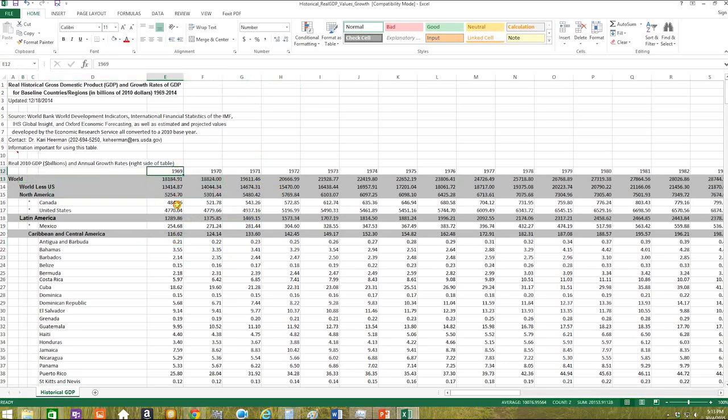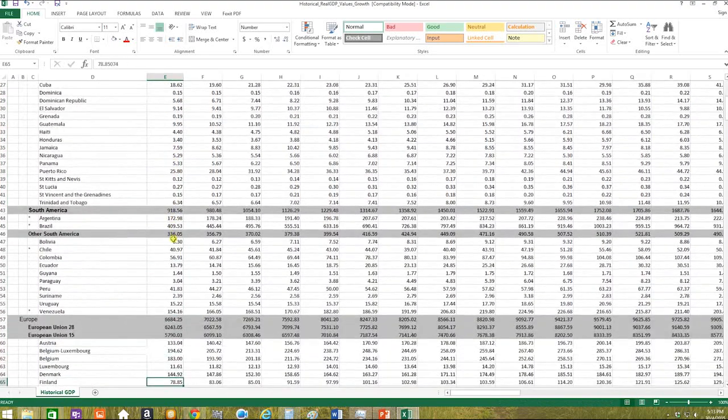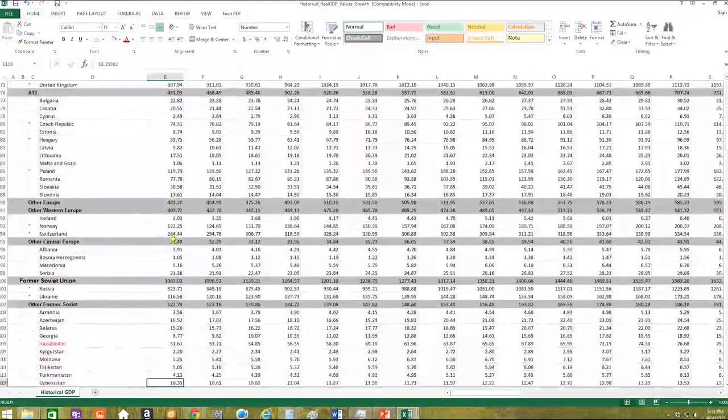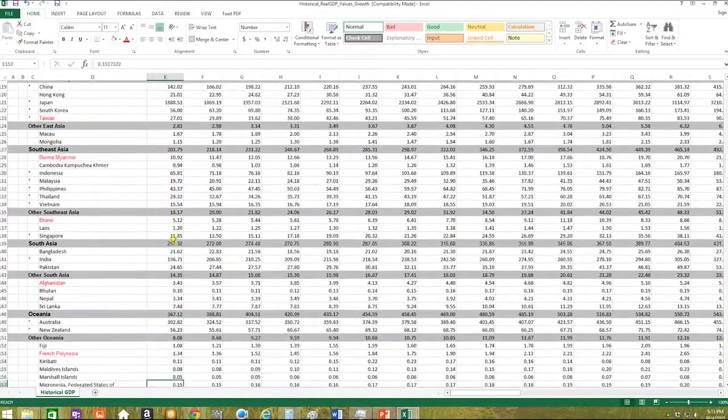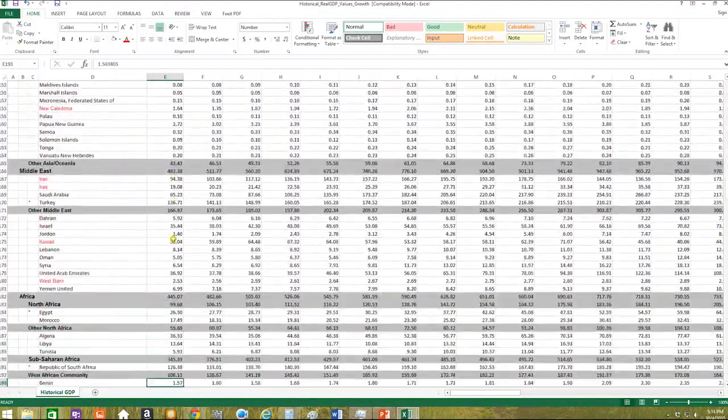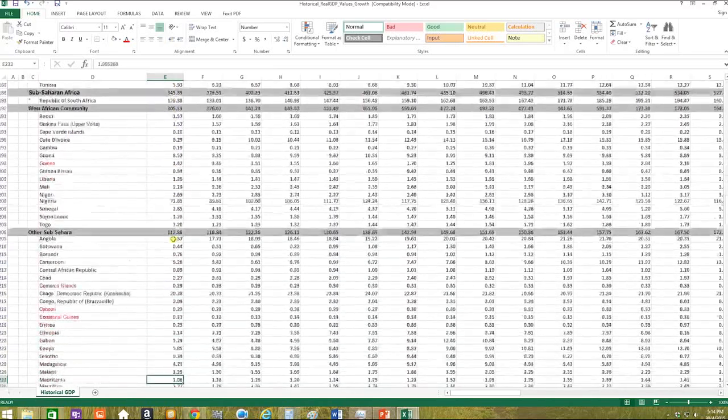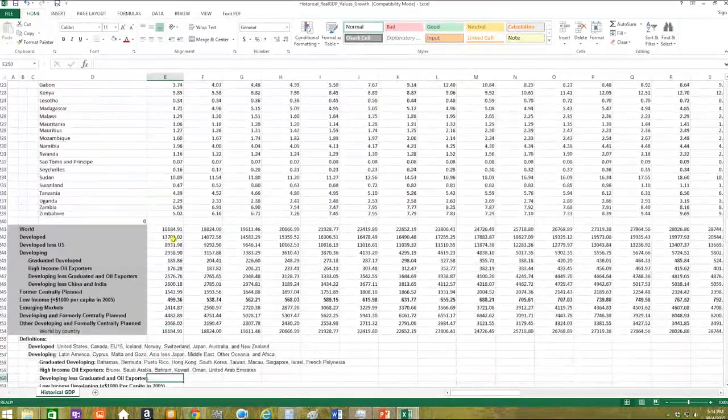Everything's going back to 1969, and everything's split up into region. So we have Latin America here, South America, Europe, we have Asia and Oceania, Middle East, Africa. We have every country in the world.